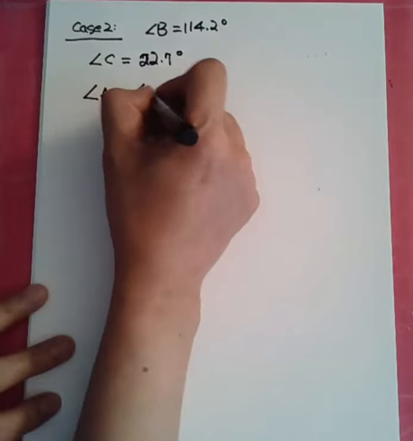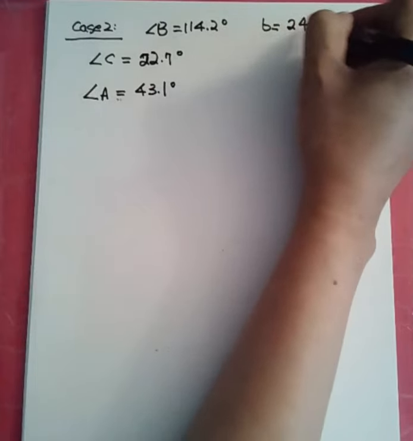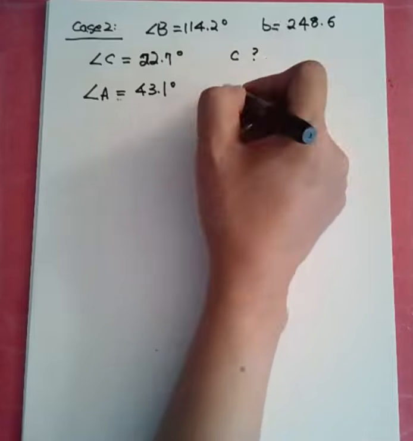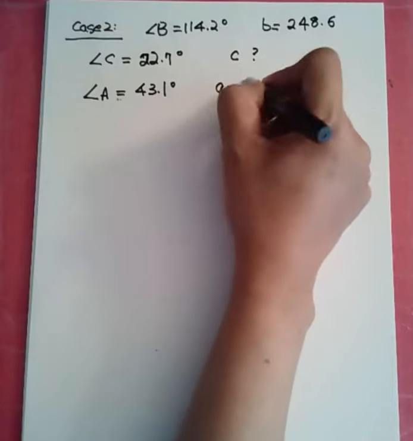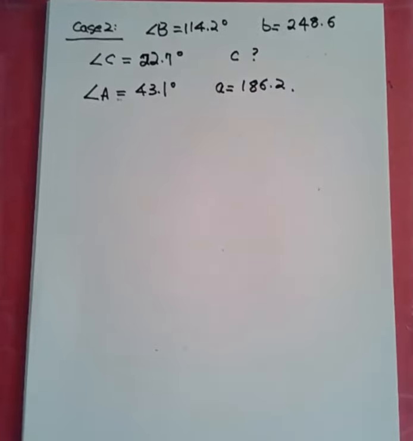And B was given in the problem, so that is 248.6. And we are looking for C, and A was given as 186.2.